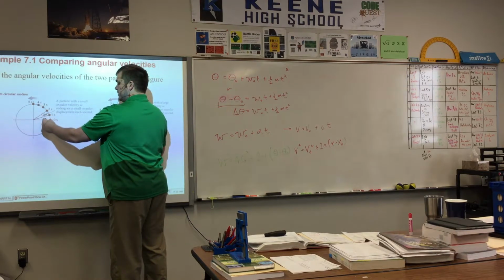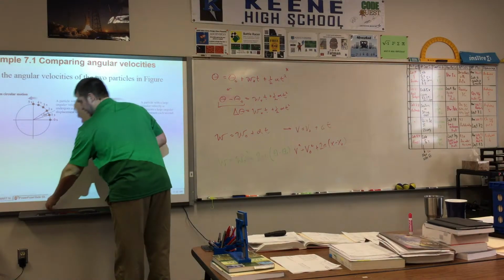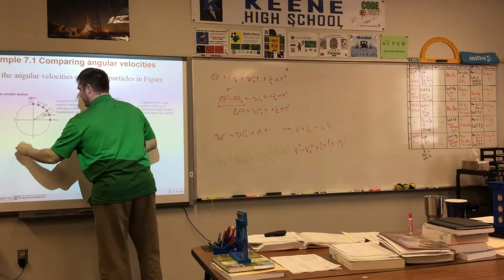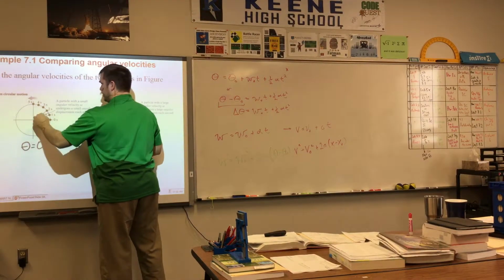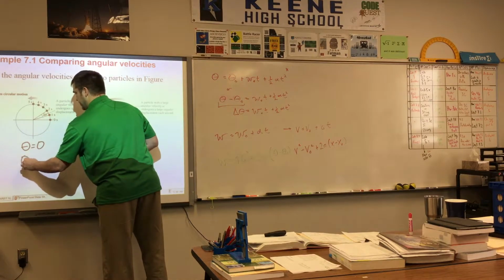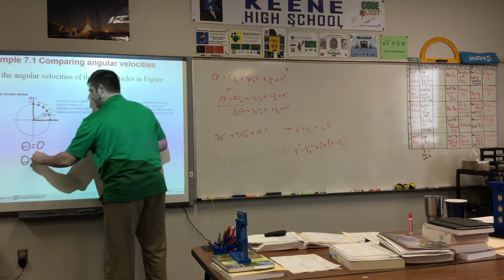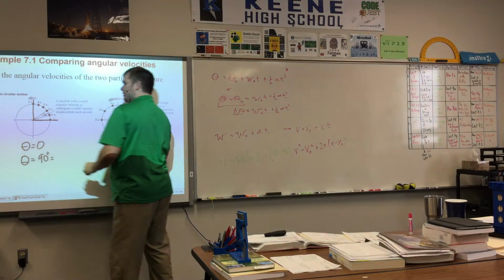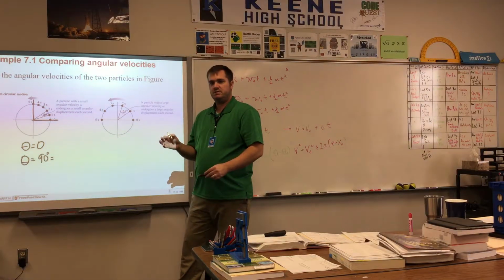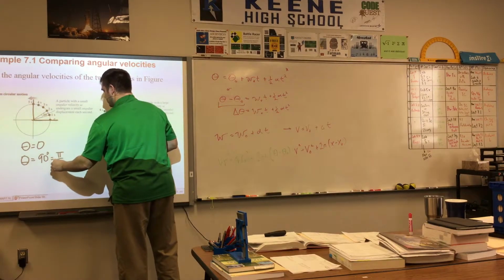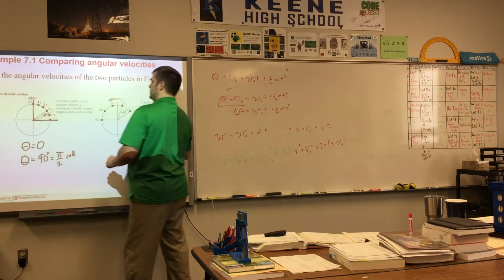In 5 seconds, it goes from here up to here. So it goes from theta equals 0 to theta equals 90 degrees. Anybody know off the top of their head what that is in radians? Pi over 2 radians.